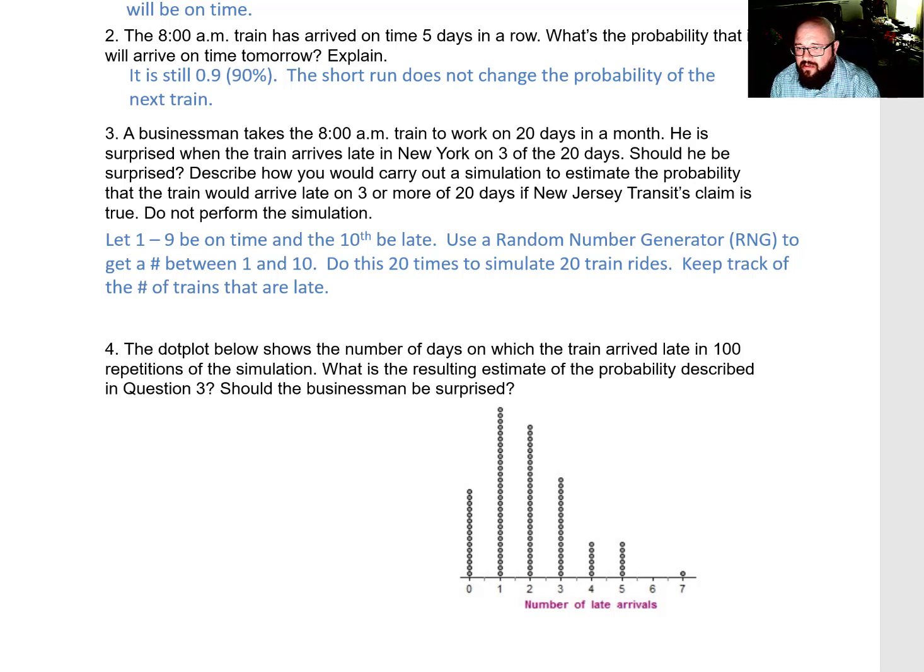So let's look at the number of late arrivals. If we count from late arrivals of 3 all the way to 7, we count all those dots up, which I already have counted, and they're actually 30 dots, okay? It's 30 dots.